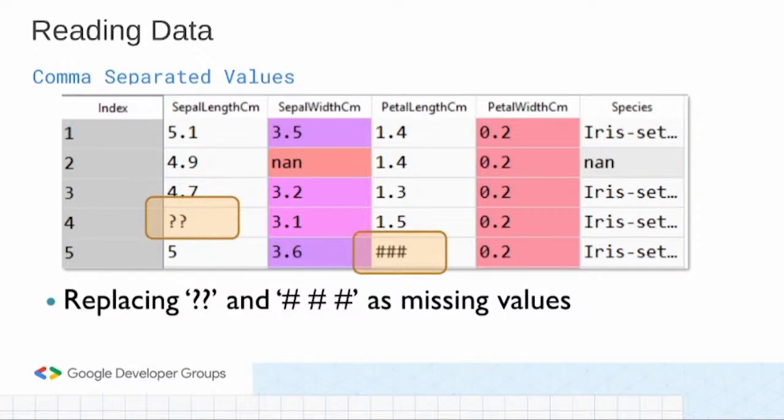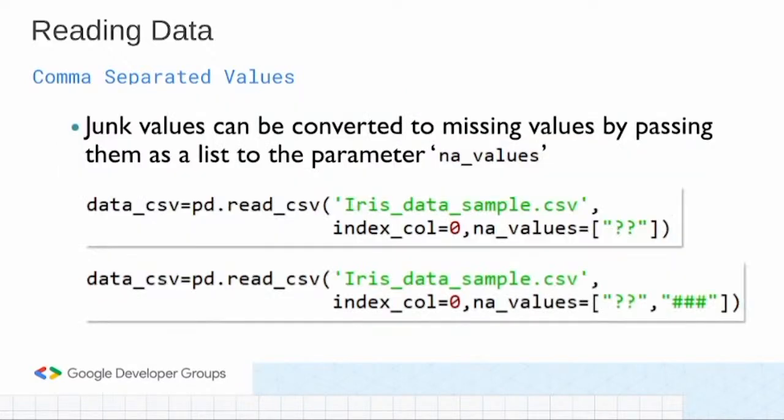You can replace these question marks and hash as missing values. So let us see how to do that. All the junk values can be converted to missing values by passing them as a list to the parameter na_values. This can also be done whenever you read a data frame.